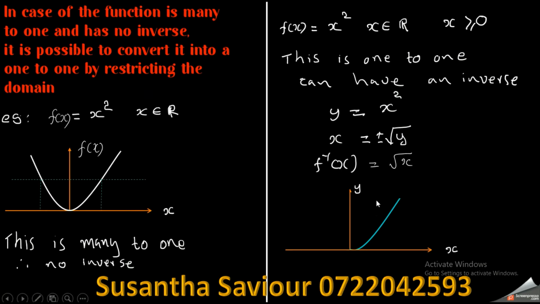Now, I will tell you an important property here. It's very important. When you sketch the inverse, it is always the reflection of the original function on the y equals x line. This is the y equals x line. So the sketch of the inverse will be like this, reflecting this one on this line.